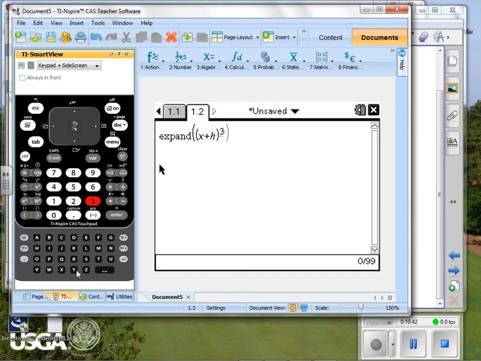The parentheses come with the expand, okay? Once you're inside the expand function or the command, you then have to write it exactly as you want it, and this involves using parentheses. If we press enter, do we get something equivalent? And instead of h, you're going to put delta x. Okay. That's how we can use that.